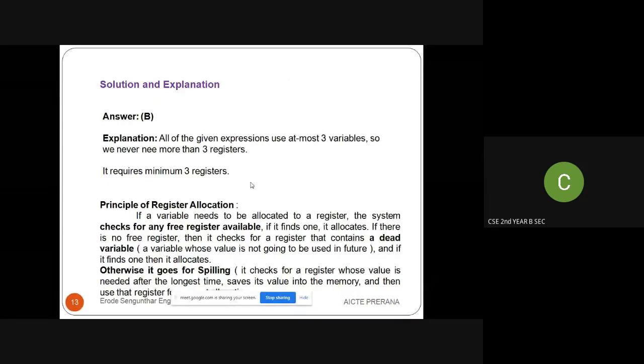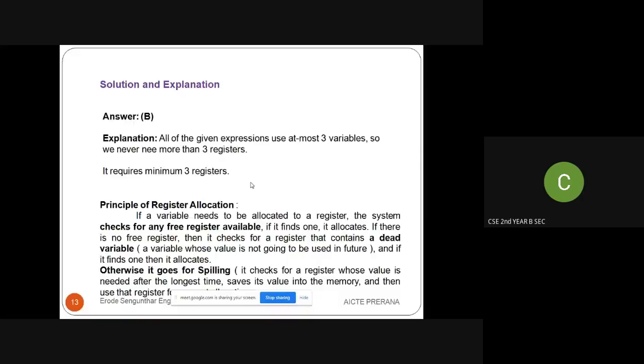If a variable needs to be allocated to a register, the system will search for any free registers available in the system. It will be searching. If it finds one, it allocates the free register.